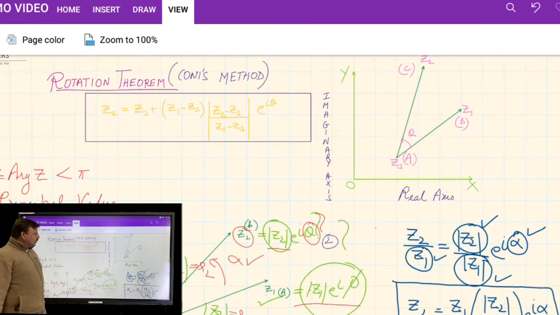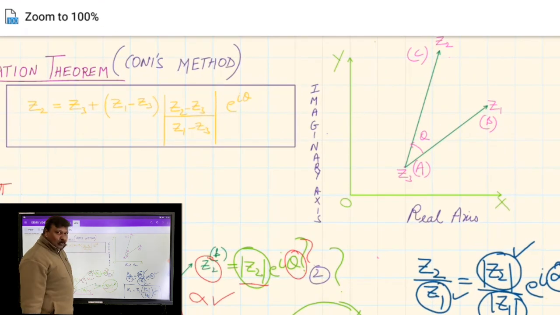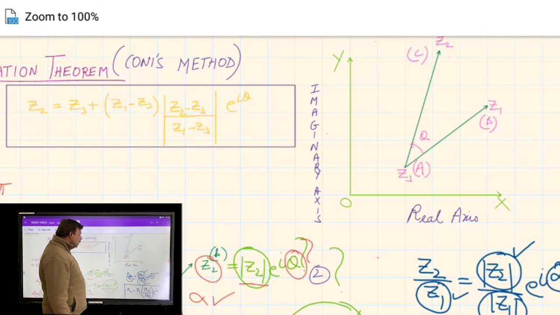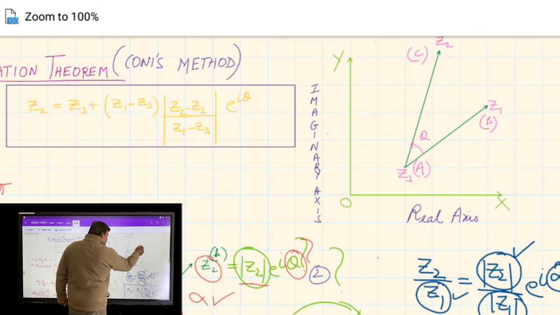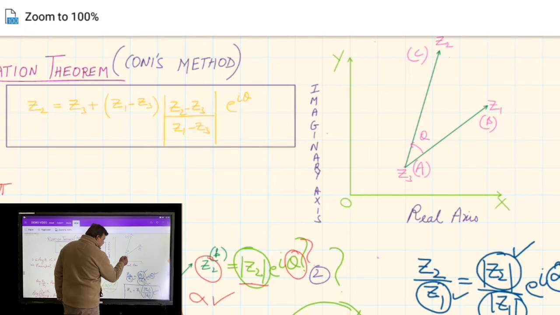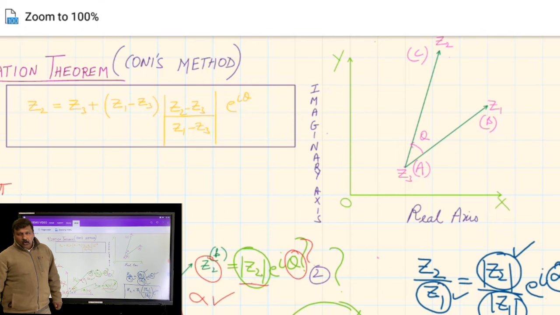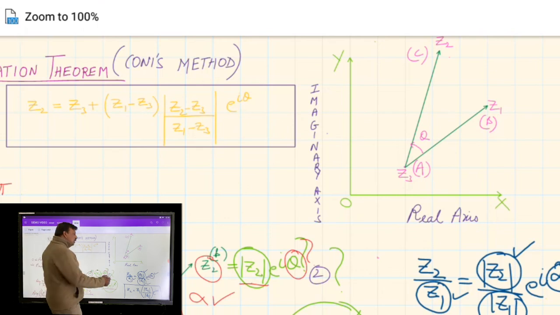Now let's talk about that. Here, if you can see in this diagram, I've already made this diagram, that Z1 is not the position vector of the complex number Z1, while it ends up, the tail is A, that is complex number Z3, and Z2's tail is also Z3. Now, I'm rotating this vector, which vector?